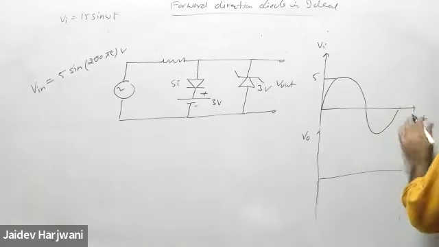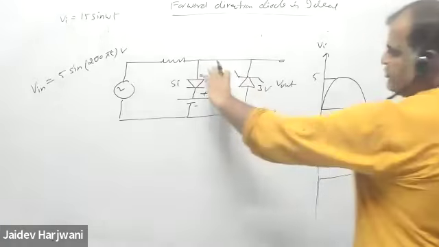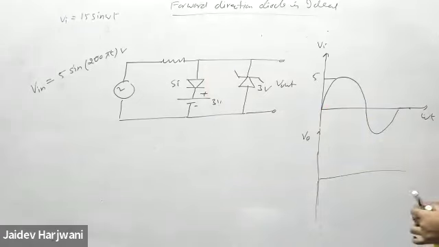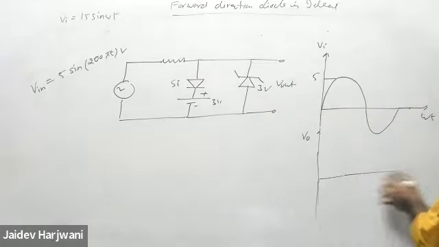Which branch requires lesser voltage to make it on?